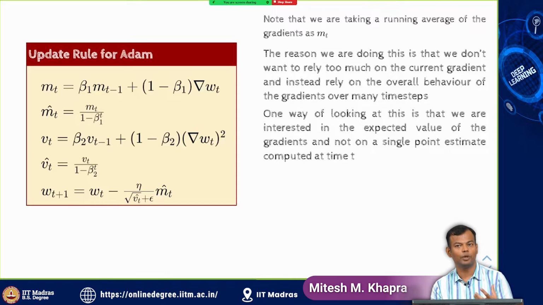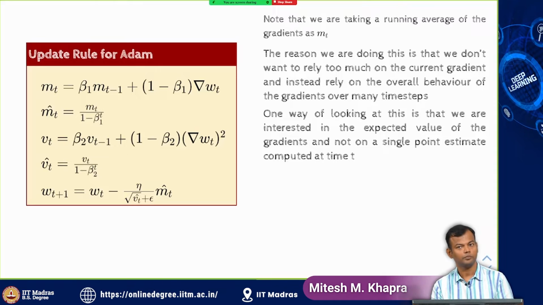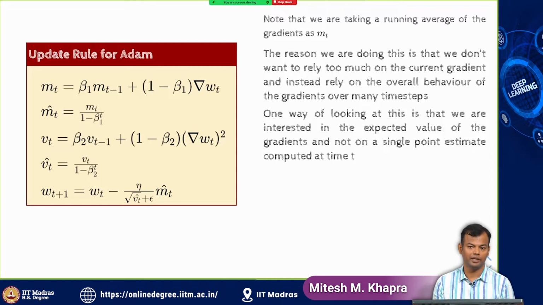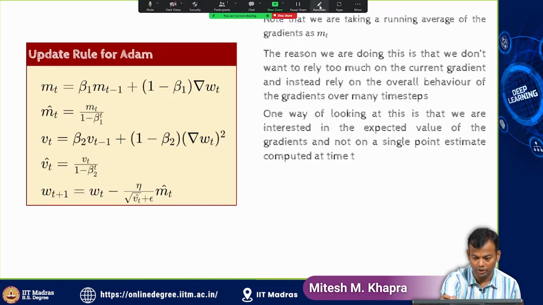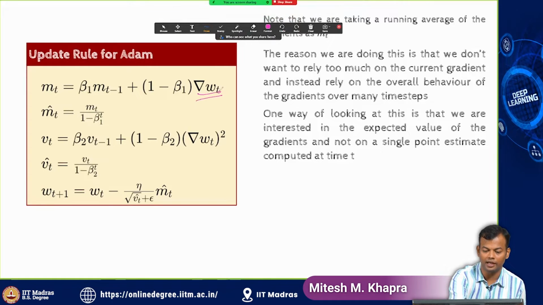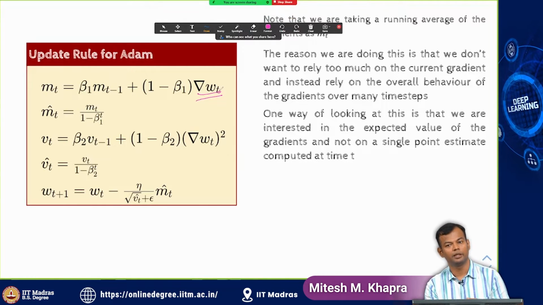So one way of looking at this is that what you want in MT is the expected value of the gradient as opposed to the current value of the gradient.